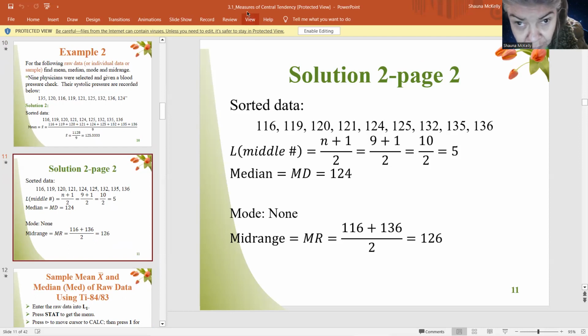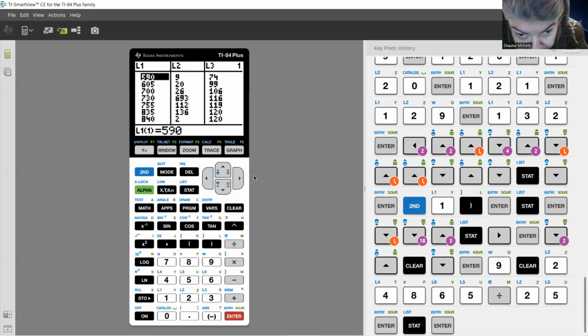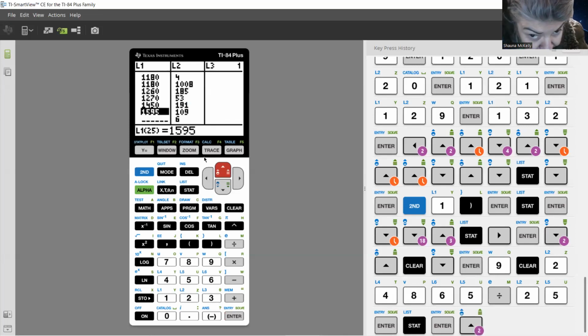So here's how this works. Let's go back to our calculator data for a minute. We know that in L1, this is 25 elements, okay? So we would like to know where in this list our median is and what is it.